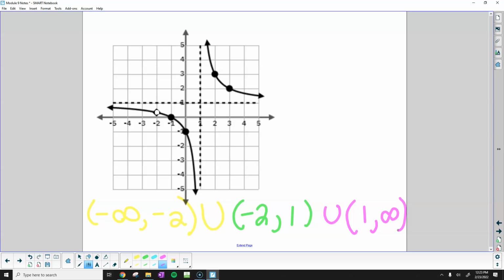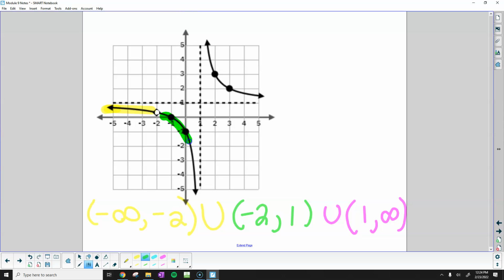So this first piece that I wrote in yellow right here, remember the domain are the inputs and you read them from left to right. The inputs start right here. That's a negative infinity symbol. This graph goes, boom. It stops right there at the negative 2. But it doesn't stop forever. It picks right back up on the other side of negative 2.